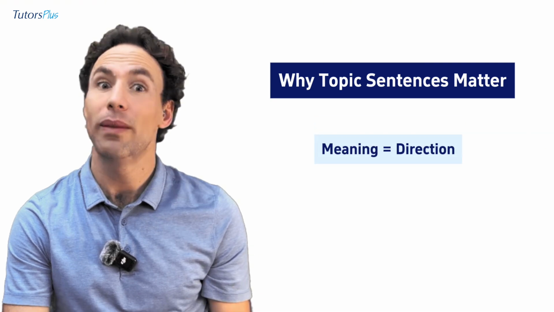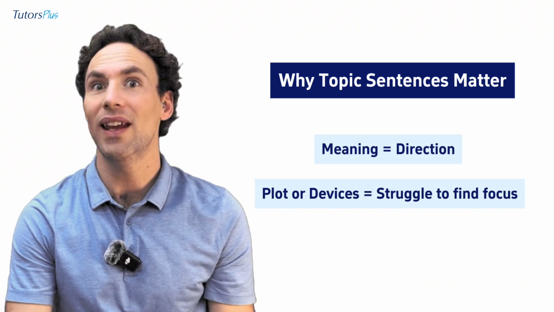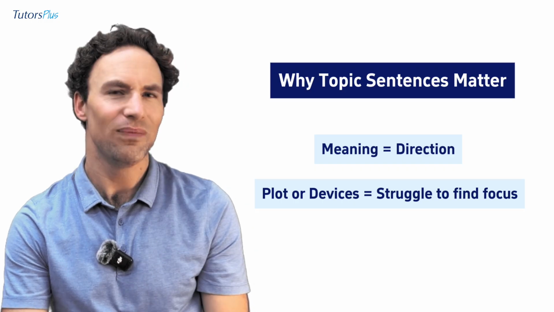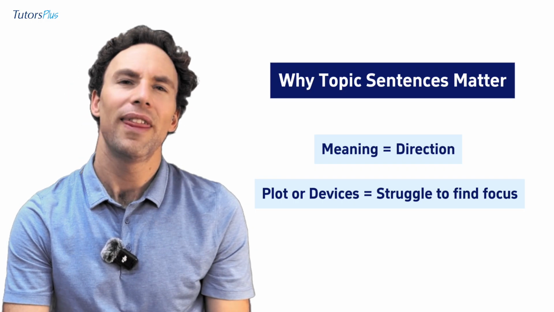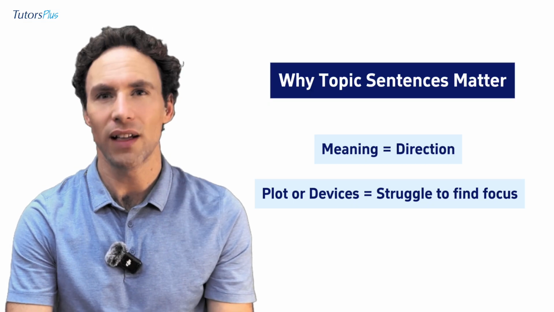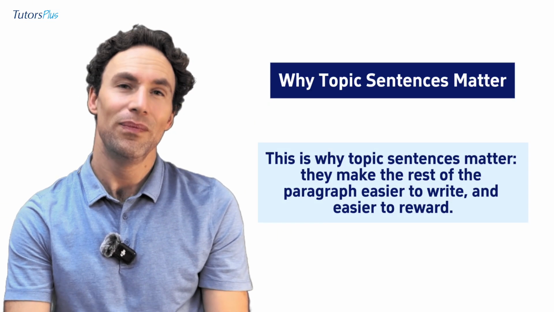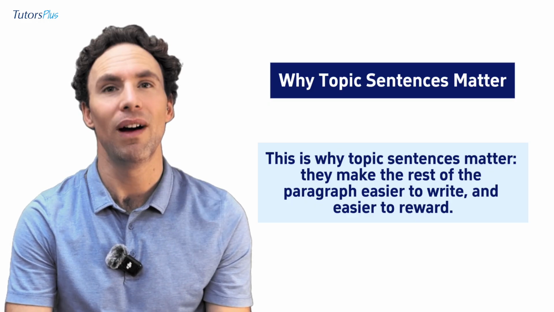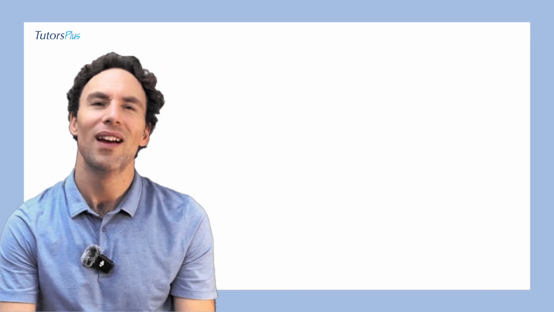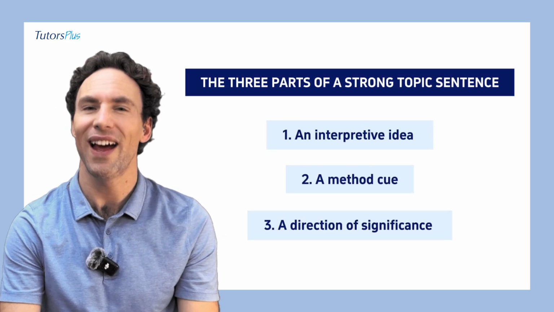When you begin with meaning, that paragraph has direction. When you begin with plot or description rather than analysis right from the word go, then the paragraph has to fight to find its focus later, which is why topic sentences matter. They make the rest of the paragraph easier to write and much easier to reward. So let's break down the three parts that make a topic sentence clear and effective.